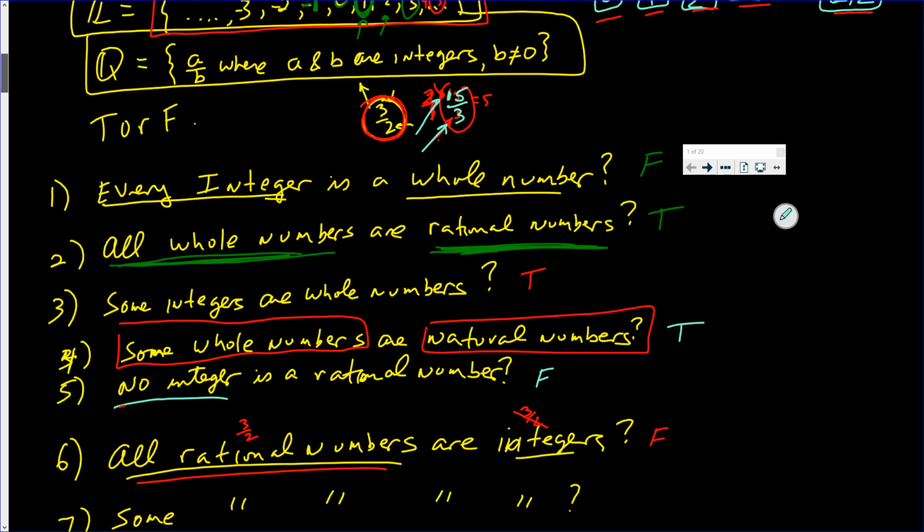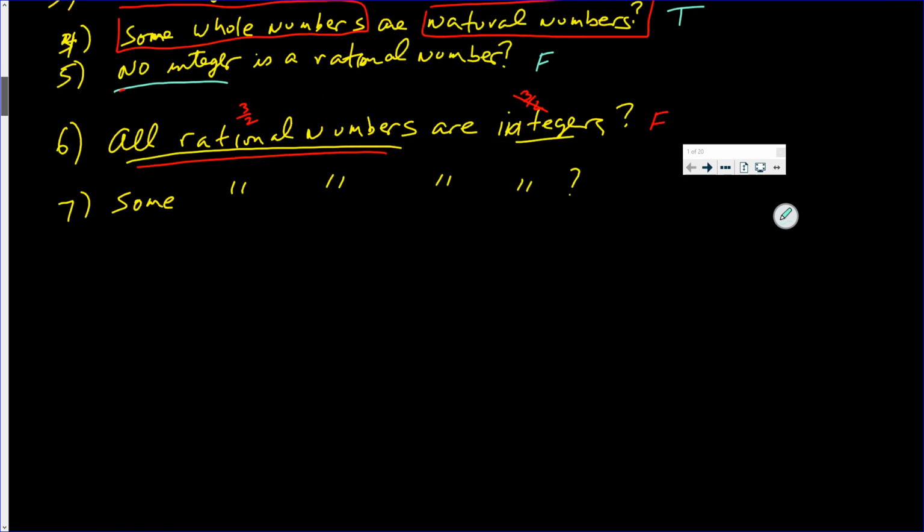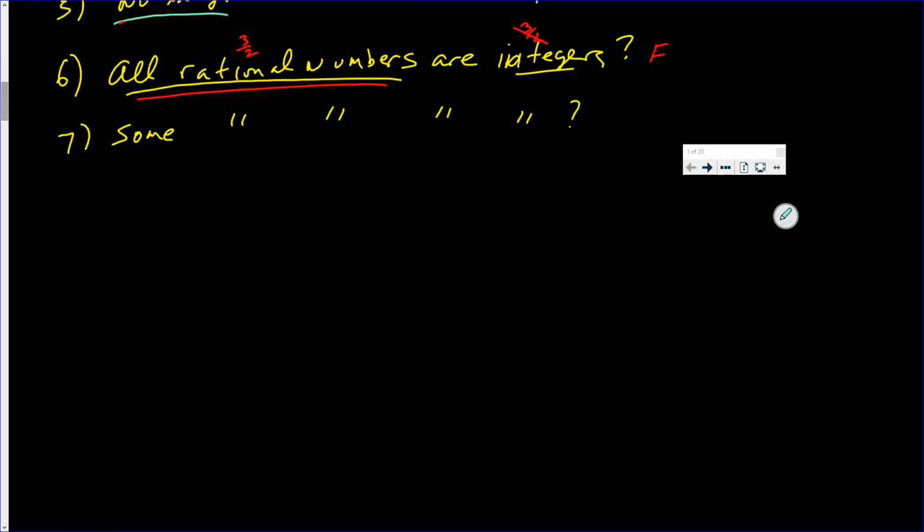The bottom is not 0. 15 over 3 is a rational number. But you know what? It equals 5. And this is an integer. Okay. I want to end this video by talking about one more set of numbers.